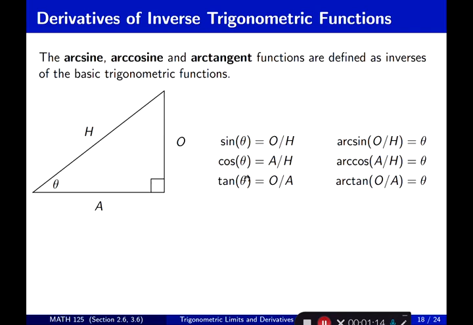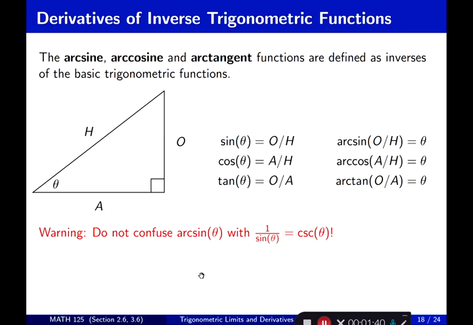And so arcsine of O over H is going to be theta. And then arccosine of A over H, which was the cosine of theta. Arccosine of the ratio is theta. Arctangent of O over A is theta as well.